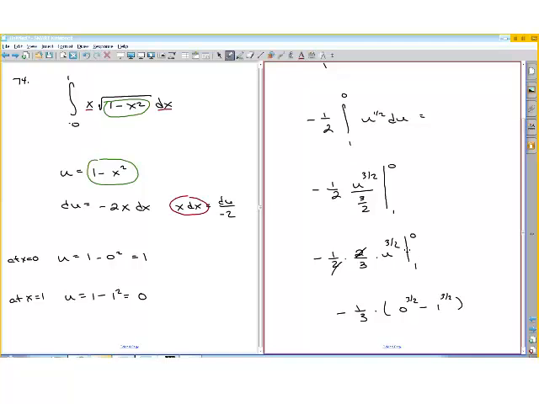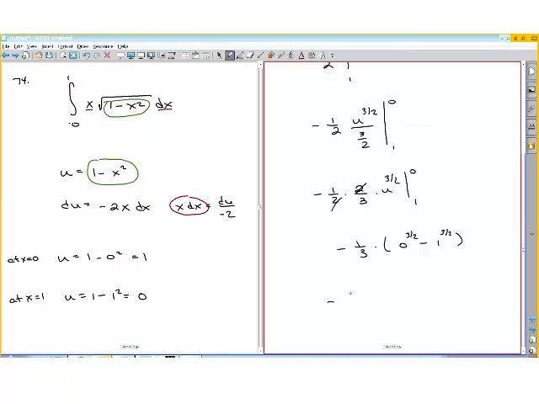So this is this function evaluated at 0 minus it evaluated at 1. So we get negative 1/3 times basically negative 1, because this is 0 and this 1 to the 3/2 is 1. 1 to any power is 1. And so you get negative 1/3 times negative 1, which becomes positive 1/3. And so that's the answer.